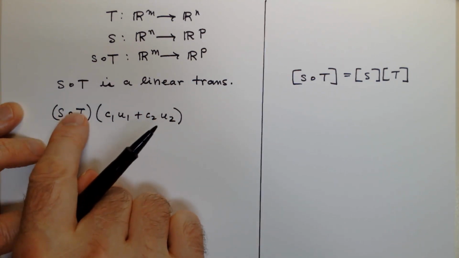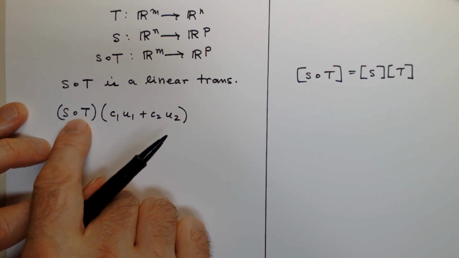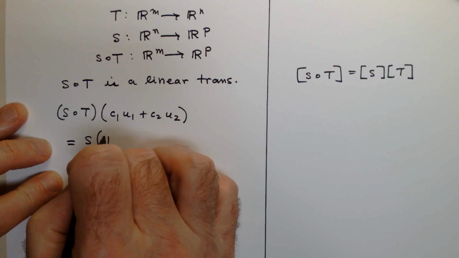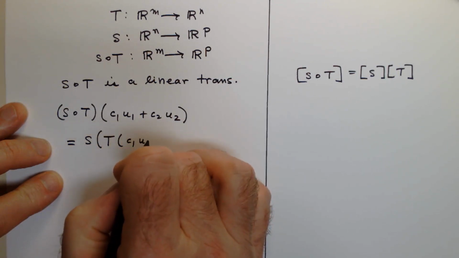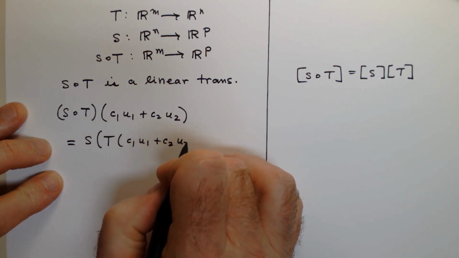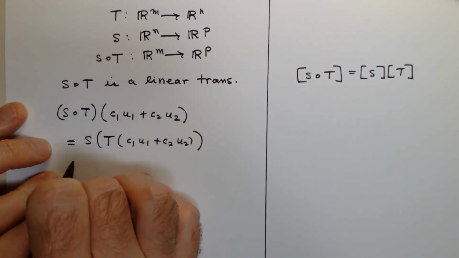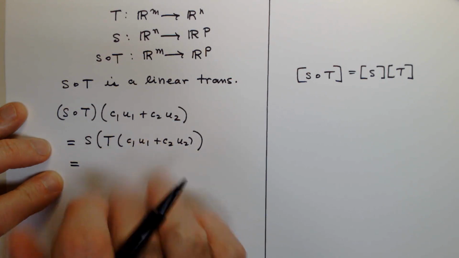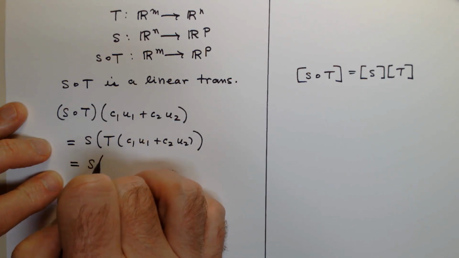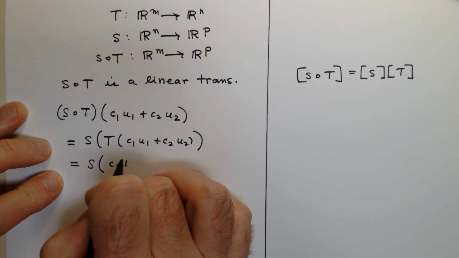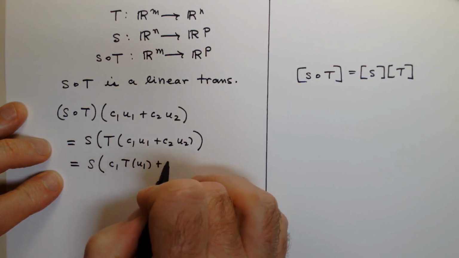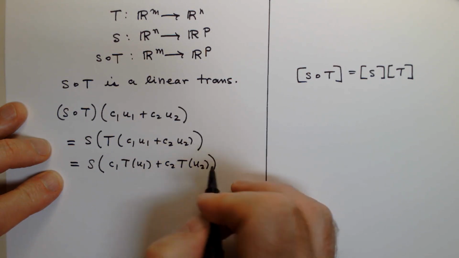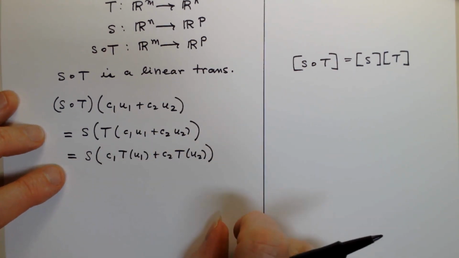Now, by the definition of function composition, this is S of T of C1U1 plus C2U2. Here we're going to use the linearity, the fact that T is a linear transformation. I can think of this as S of C1 T applied to U1 plus C2 T applied to U2. That's using the fact that T is a linear transformation.